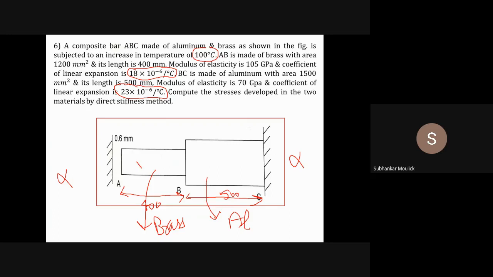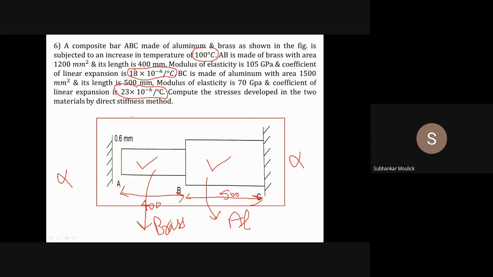That means what is the value of stress in bar AB and what is the value of stress in bar BC by the direct stiffness method. The only difference in this problem is that the entire geometry is subjected to an increase in temperature of 100 degrees centigrade. For both the materials alpha is given to you.